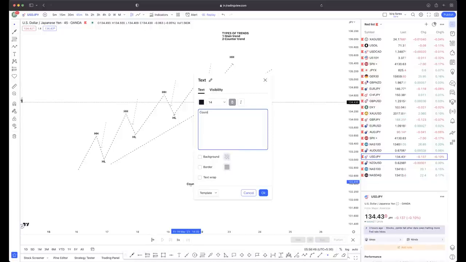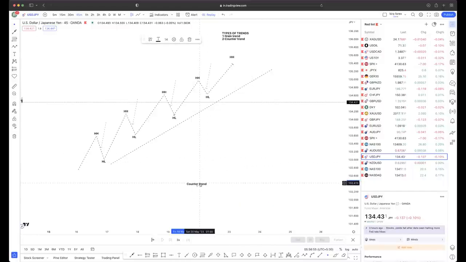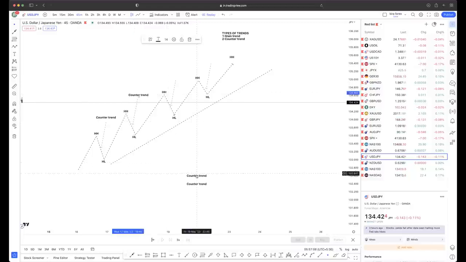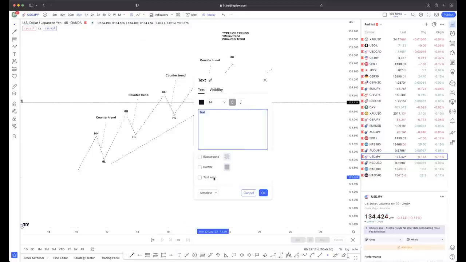This is the counter trend where the arrow is pointing. That is where price is opposite the main trend. As you can see here, this is our counter trend, and this is our main trend.